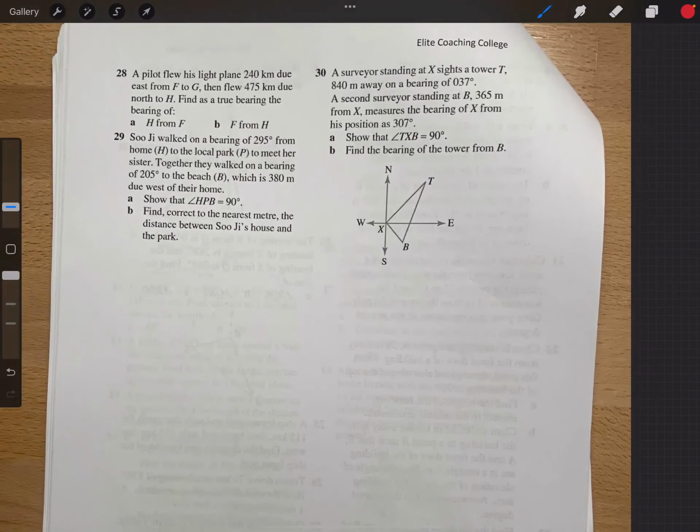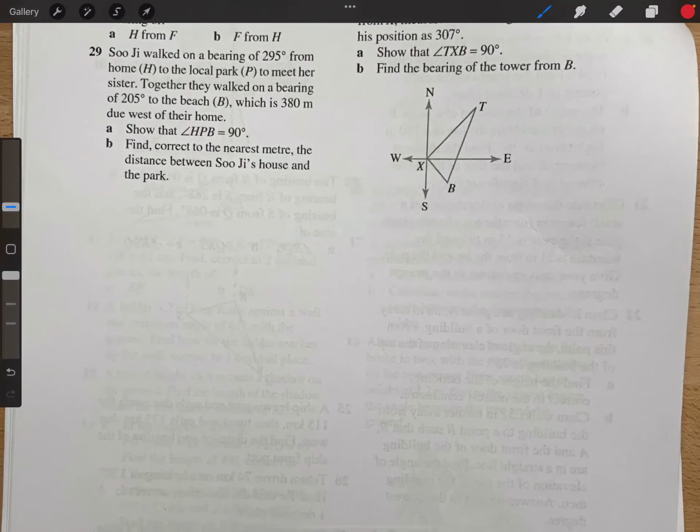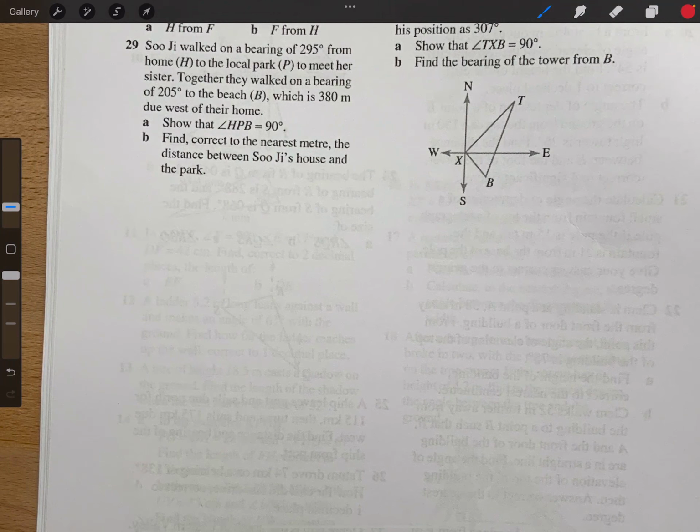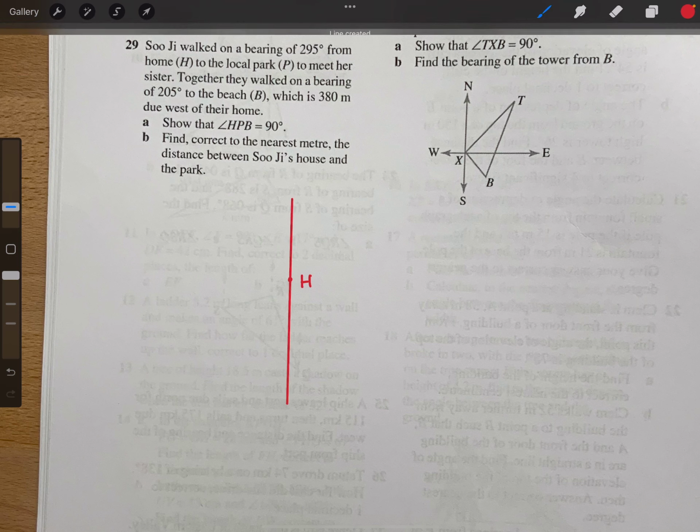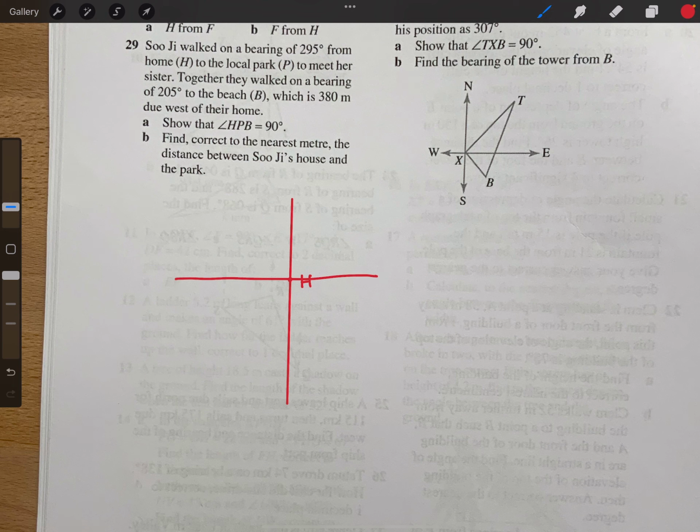Question 29 says Suji walked on a bearing of 295 degrees from home H. So let's establish that H is her home. And 295, let's see, which quadrant would that land in? Let me just draw the quadrants.